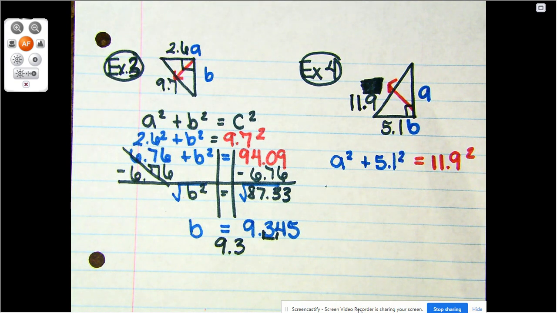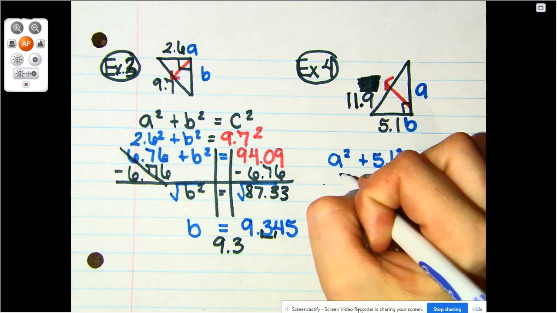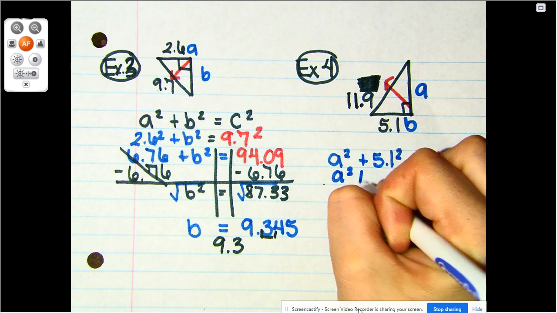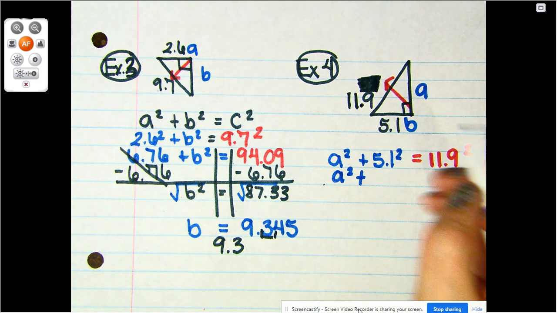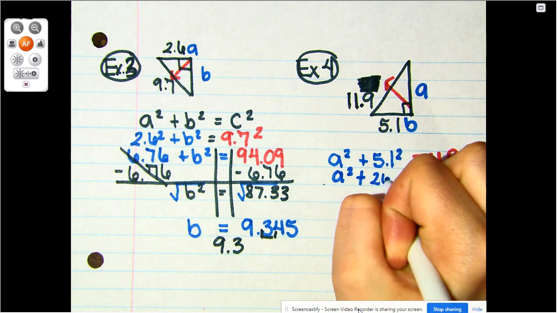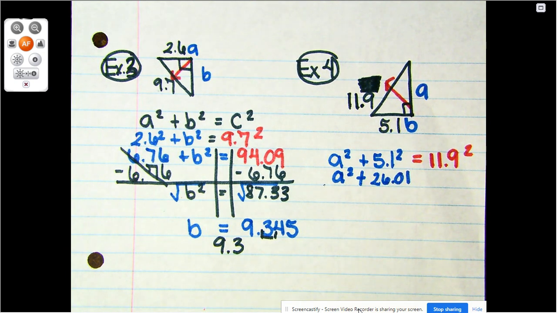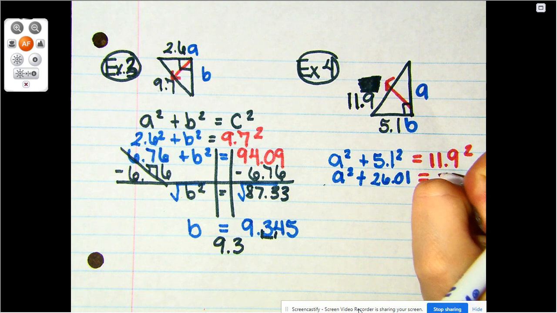Well, we can't square A because it's a variable. So A squared, I'm going to write that down again. 5.1 times 5.1 is 26.01. Then we need 11.9 times 11.9.